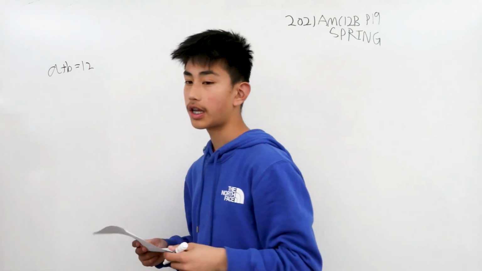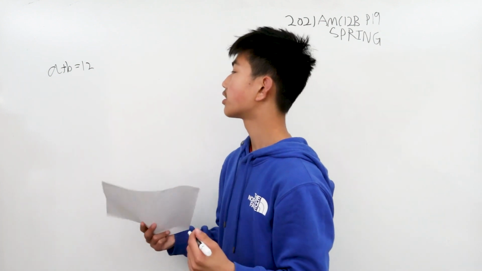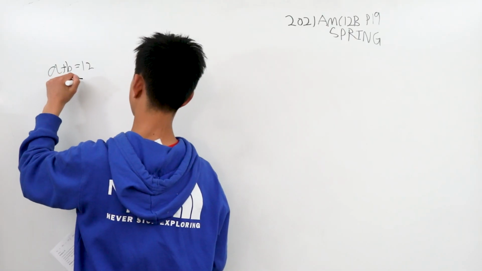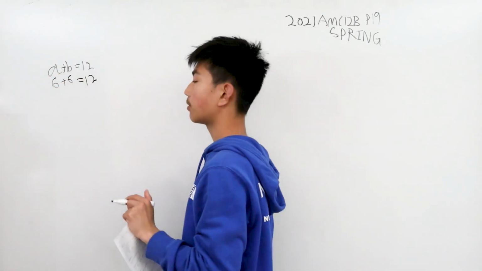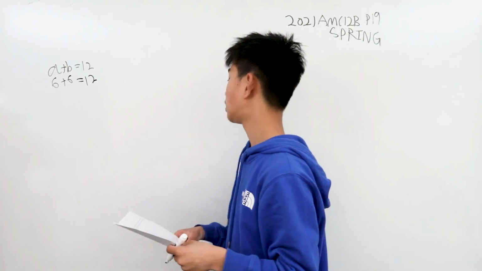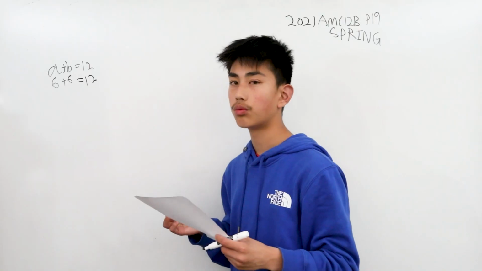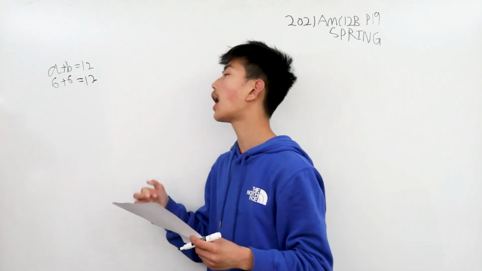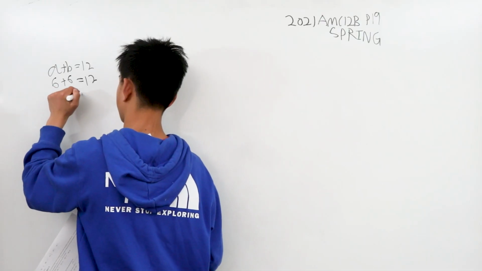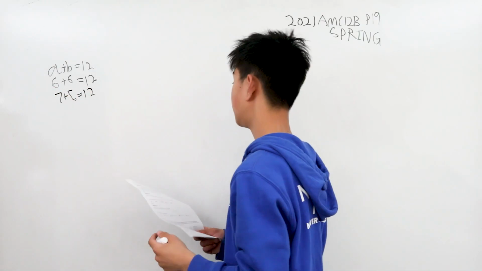In the first case, for a die 1 to 6, there will be one solution: 6 plus 6 equals 12. But when you keep adding more and more faces to the die, more solutions will appear. So 7 and 5, for example, 7 plus 5 is 12. That's when you have more faces on a die.